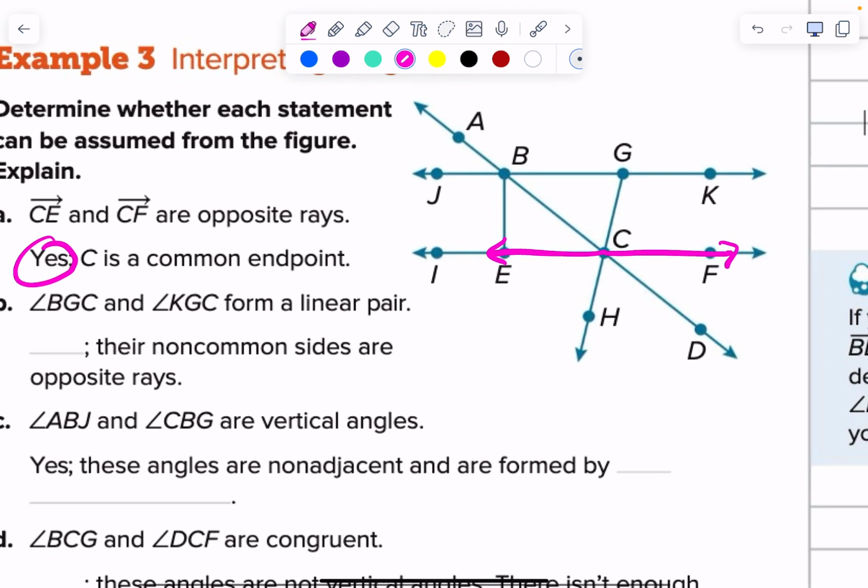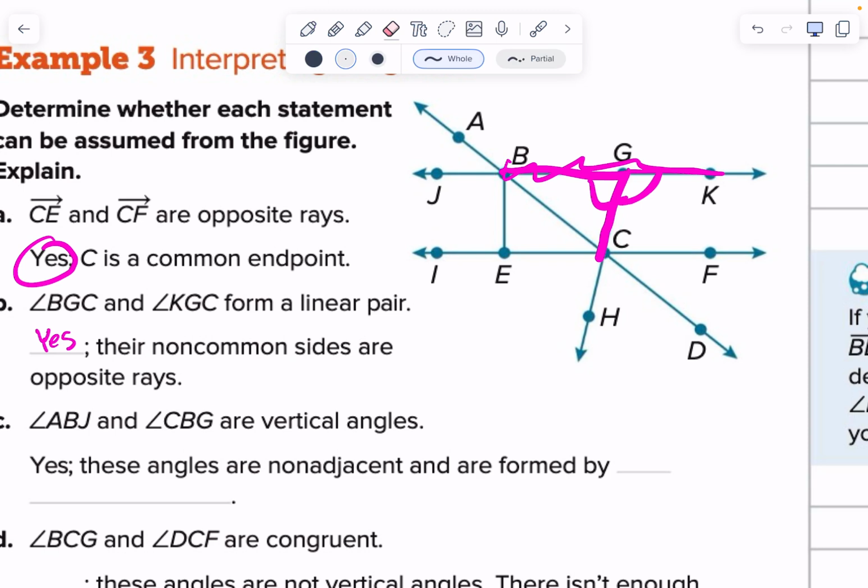All right, can we assume that BGC, that angle right here, and KGC, this angle right here, form a linear pair? Yes, because we can assume that's a straight line, so that is a yes. Okay, next.